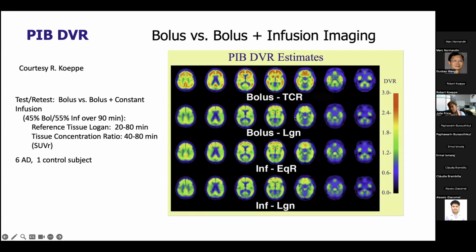Then he also shared this slide showing the differences in DVR estimates as you go from the tissue bolus Logan into the equilibrium and non-invasive Logan methods. You can see some evidence of bias, particularly between the bolus method and the reference Logan method.